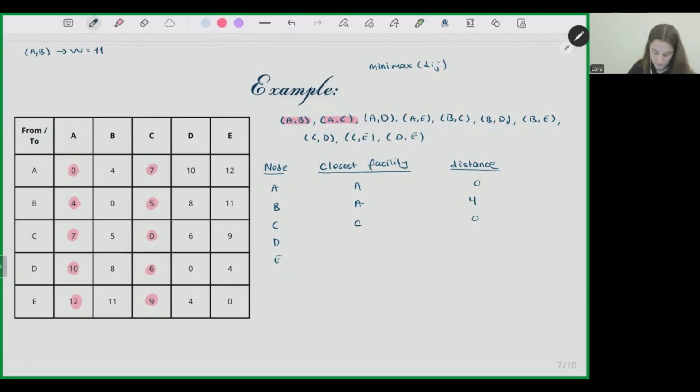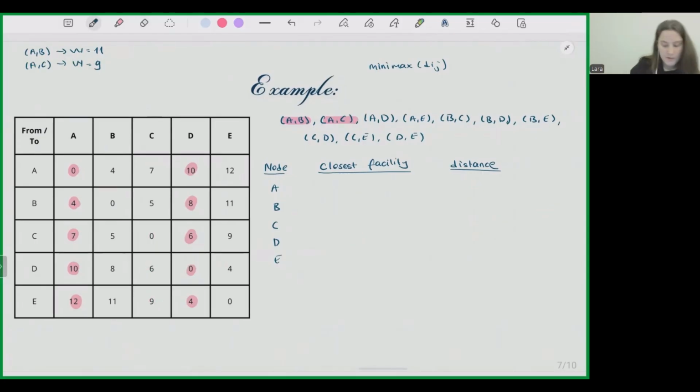For D, it's going to be C with 6 units of distance. And for E, it's going to be C again with 9 units of distance. So we have to find the W here again. So the maximum distance, and it's going to be 9 here. So for AC, it's going to be 9.